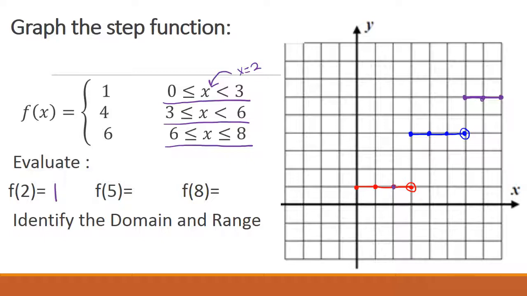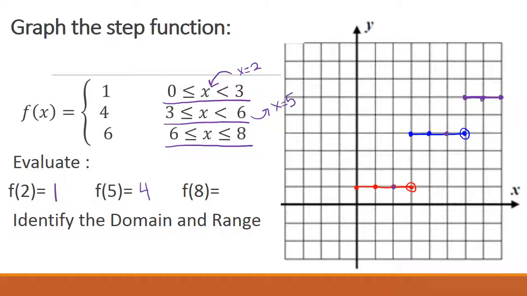F of 5 means x equals 5. If you look at the graph, it has a y value of 4. That means f of 5 is 4. We know that x equals 5 belongs to the second piece of the function, which has an f of x value of 4.